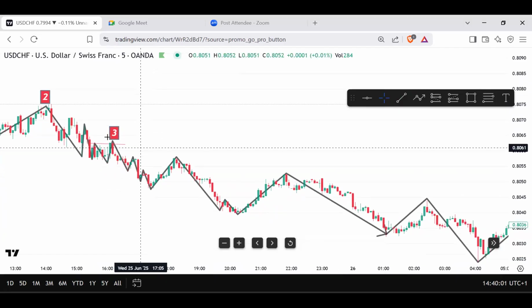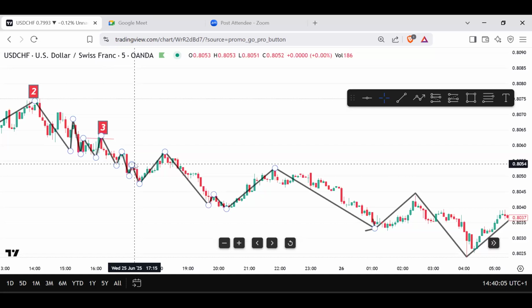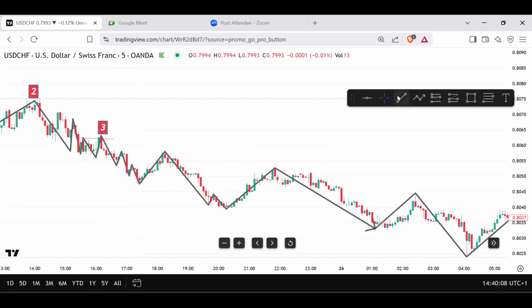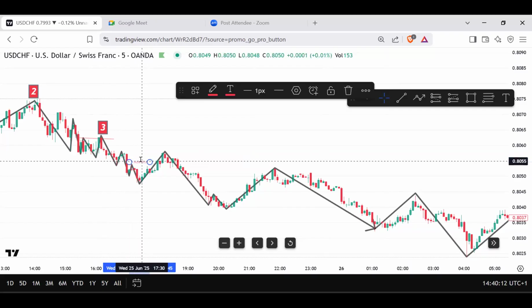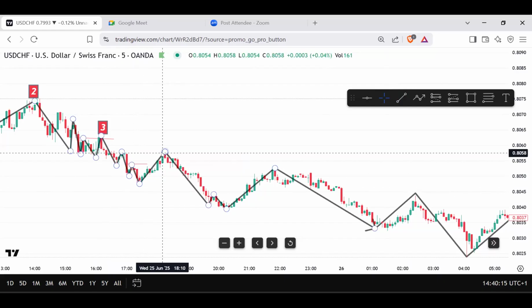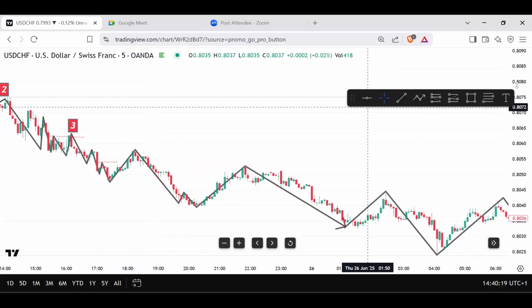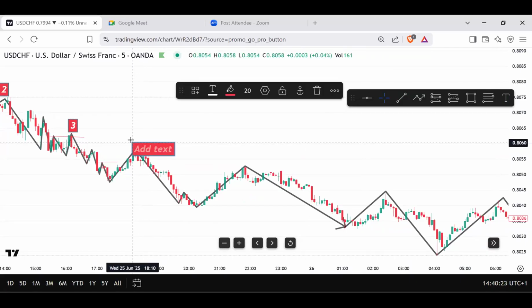So you can see we have another inducement here. When this correction happened, another impulsive move started from here.